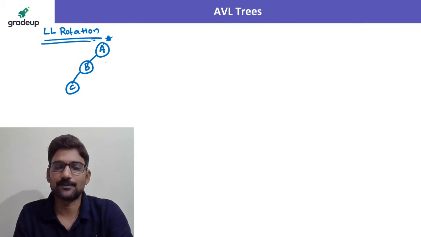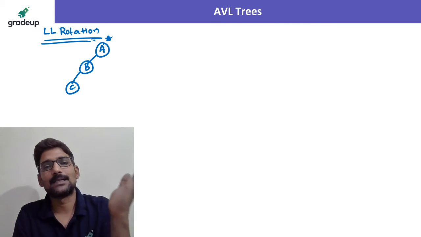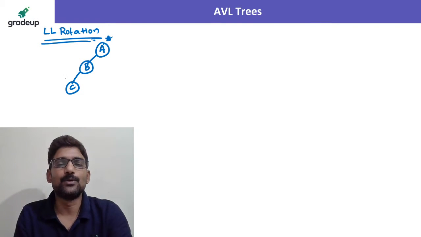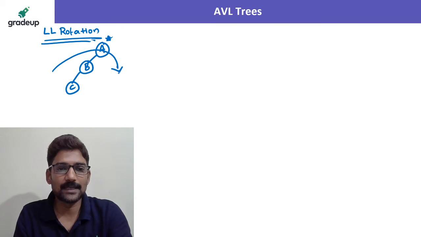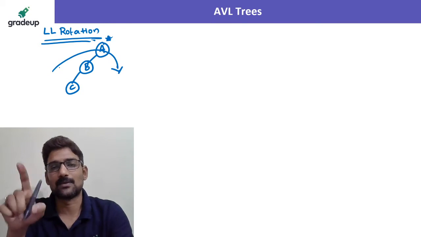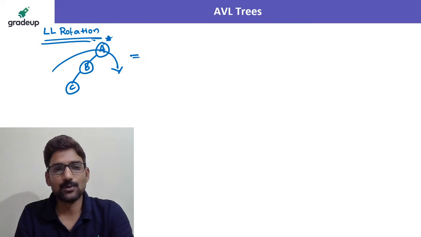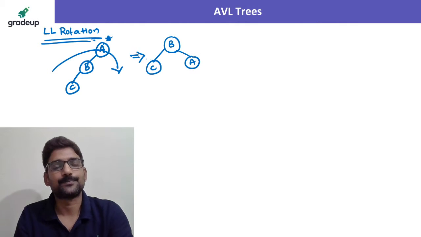Obviously, the balance factor for A will be other than -1, 0, 1. Whenever A is the critical node because of inserting C at the left, we do LL rotation. Though it is LL rotation, we will represent it with a right arrow. Whenever you do LL rotation, B becomes parent, A will be the right child, C will be the left child.